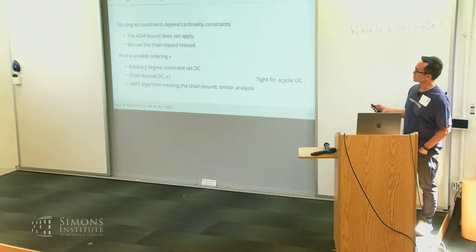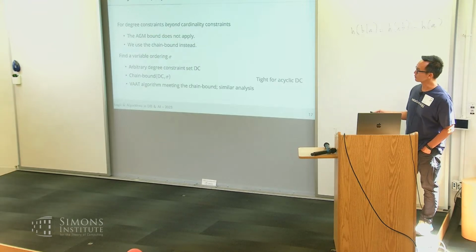Yeah, so Dan's comment was about the effect of variable ordering on the worst case optimality of the algorithm. And yes, it's correct that for cardinality constraints only, the variable ordering does not have any effect on the worst case optimality.